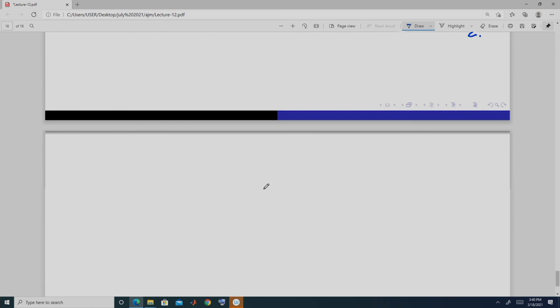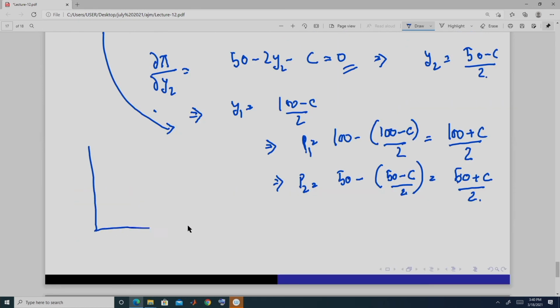So, here if you try to do it diagrammatically, this is the output.